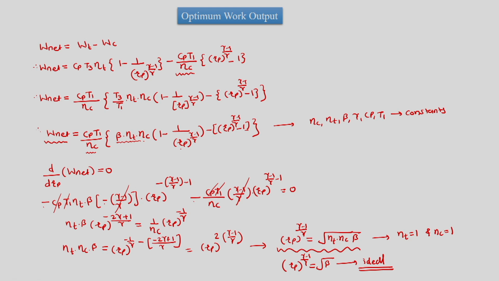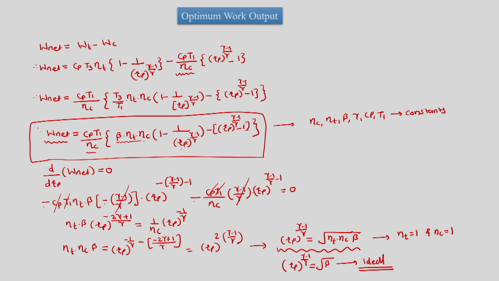Now let us find out what is the network corresponding to the maximum case. So let us keep this formula intact, and in this case we will replace Rp raised to gamma minus 1 upon gamma by square root of eta t eta c beta.